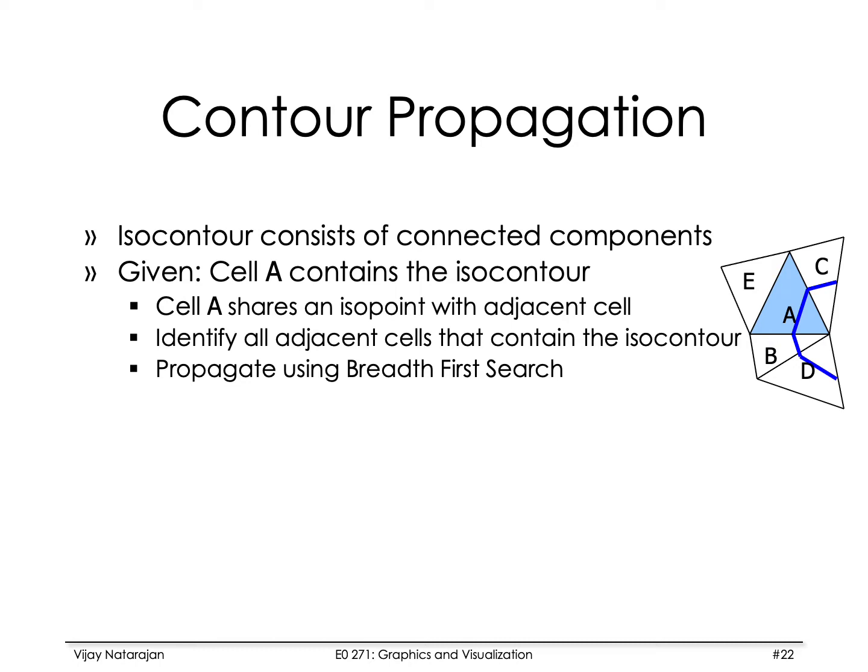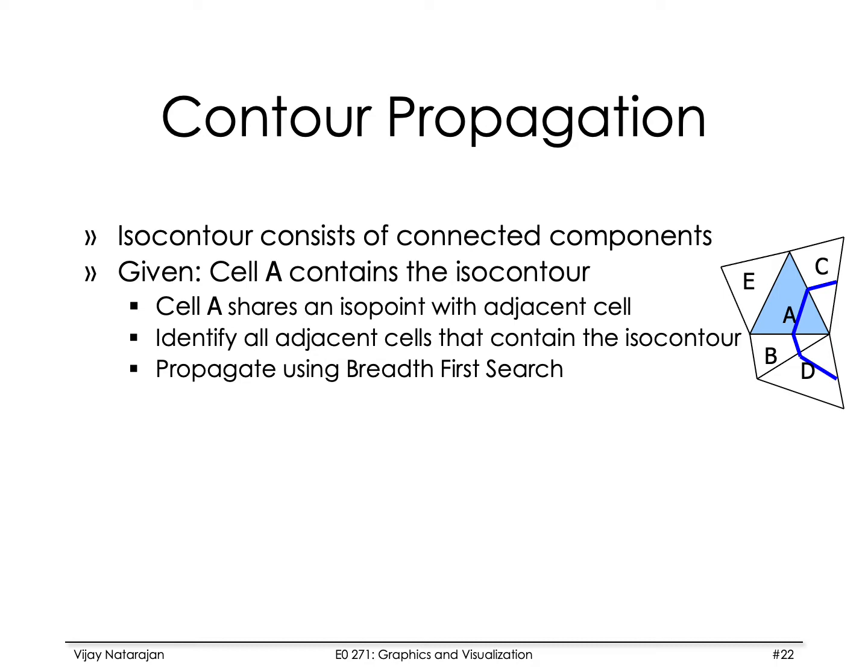This propagation, as we can see, can be computed using a very simple breadth first search. Essentially, if you think of the current node in the breadth first search tree as A, we are looking at the neighbors B and C and continuing the traversal. Of course, in the 2D case, this is a very simple path traversal.